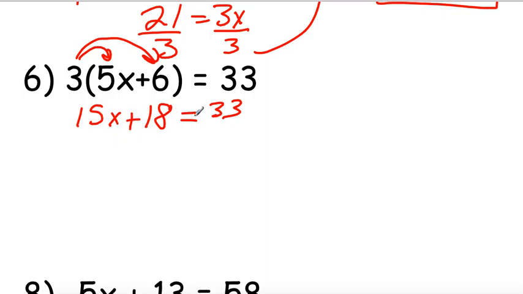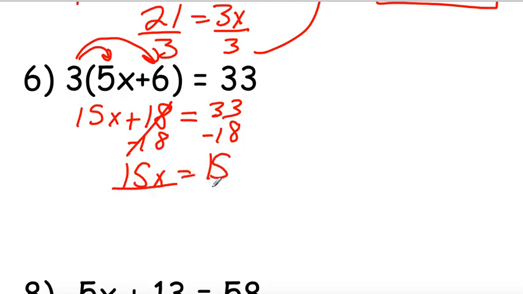So I'm going to subtract both sides by 18, minus 18, minus 18. This will cancel out. I will have 15x equaling 15. I'll divide both sides by 15, and x will equal 1.